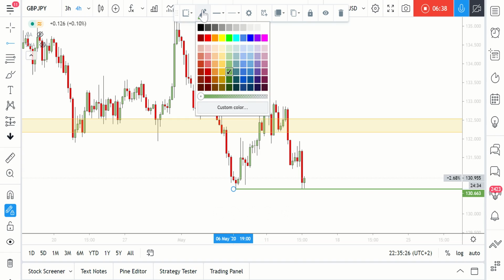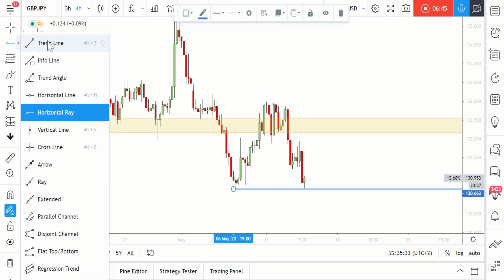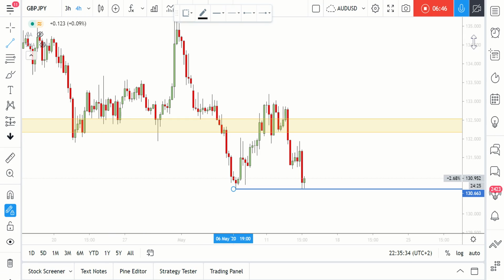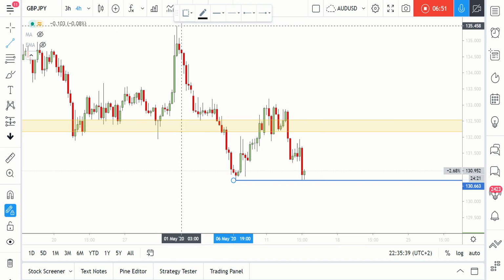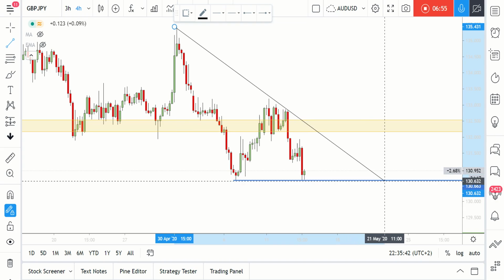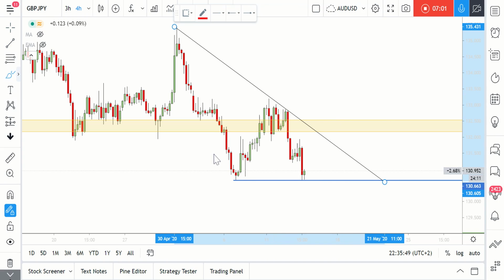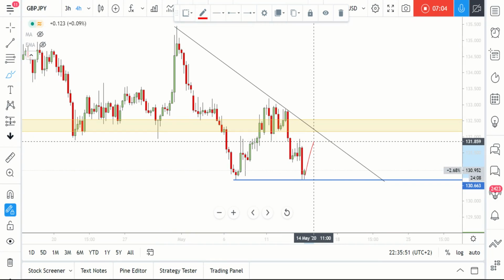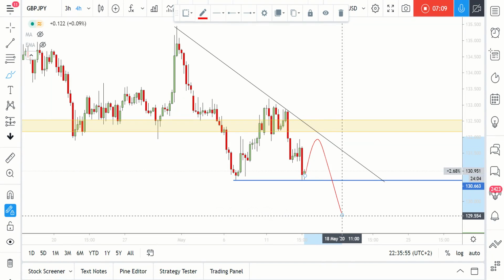So price is currently at support, and we can also draw in a descending trend line, basically from this top here down like this to that lower high. So what I am expecting is for price to come back to bounce off this trend line here, then continue making its way down.